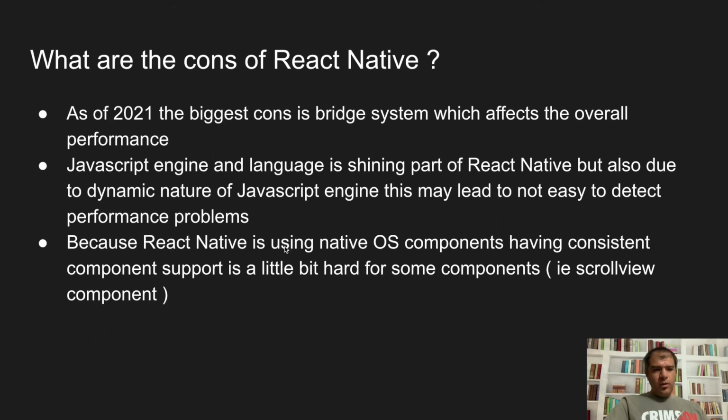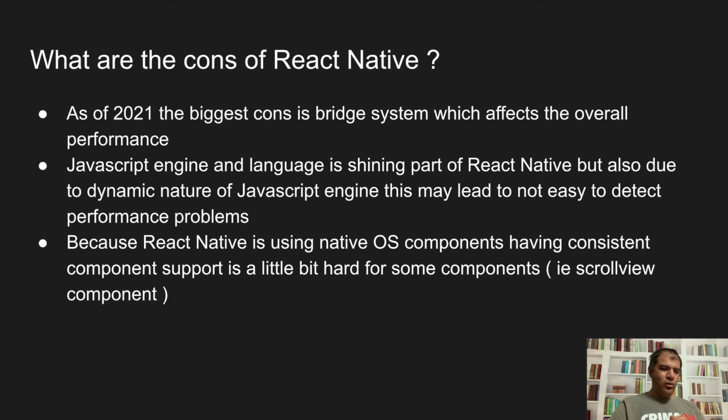The last cons for React Native is because React Native is using native operating system components, right? So time to time, not all time, these components don't match exactly. For example, if you want to hide something on the Android, then there is no equivalent function on the iOS side. This happens time to time, not all time, but this is disturbing.